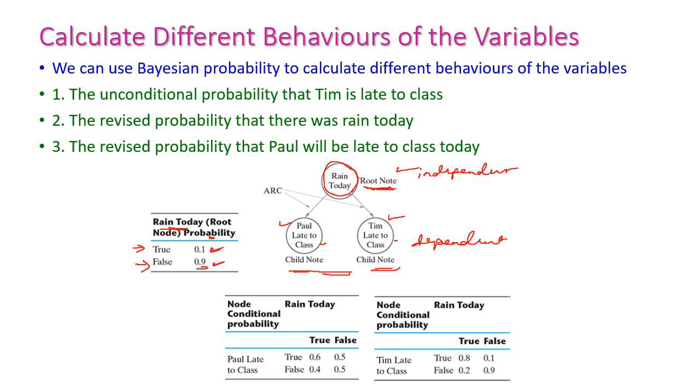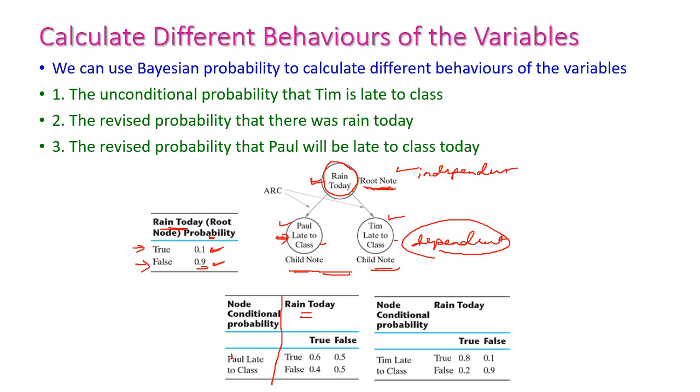And now the conditional probability table for the dependent variable, Paul late to class, based on the rain today root node. This is Paul late to class and this is rain today.